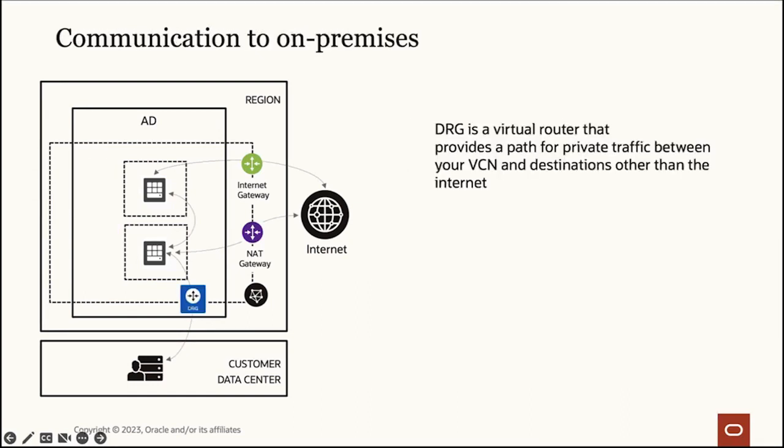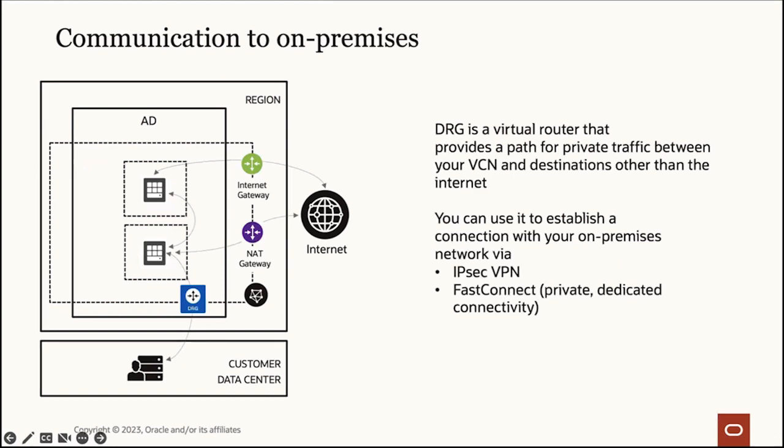Next up, we have communication to your on-premises network. For this connection, you will need to utilize something called a dynamic routing gateway, and we also call it DRG for short. The DRG will provide a path for private traffic between your VCN and destinations other than the internet, which includes your on-premises network.